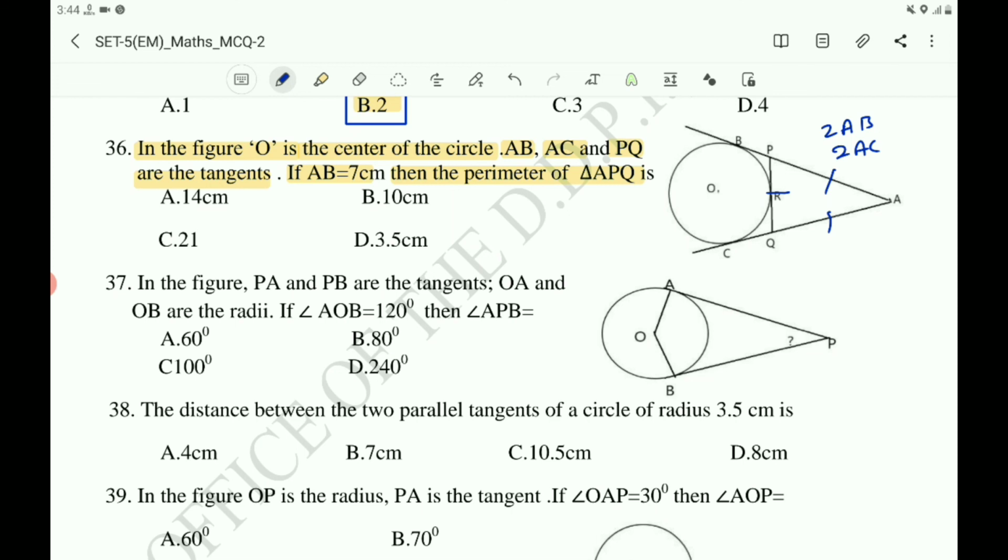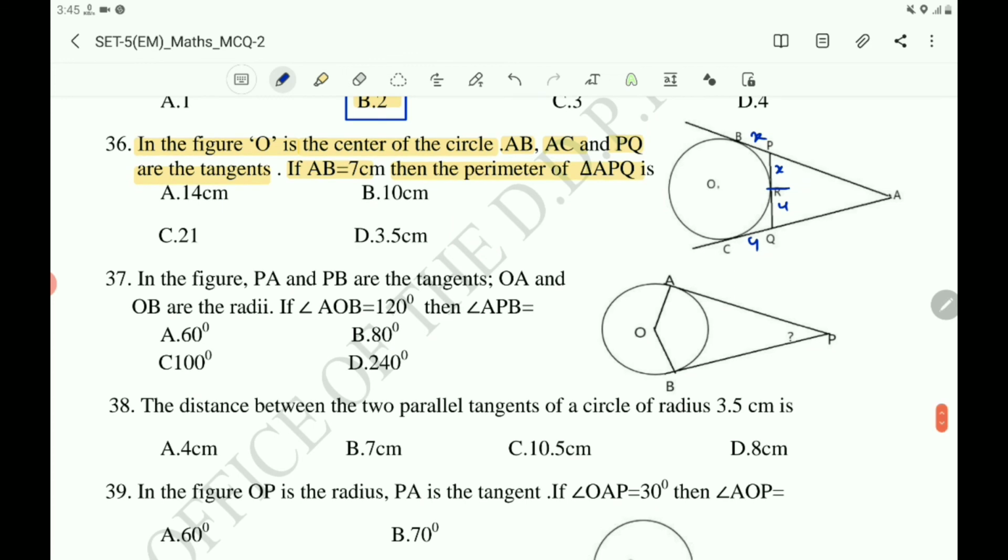And how is it double? Know that if you consider this is x, then this is also x, this is y, this is also y. And you consider this is a, this is b. Then perimeter means a plus b plus x plus y.